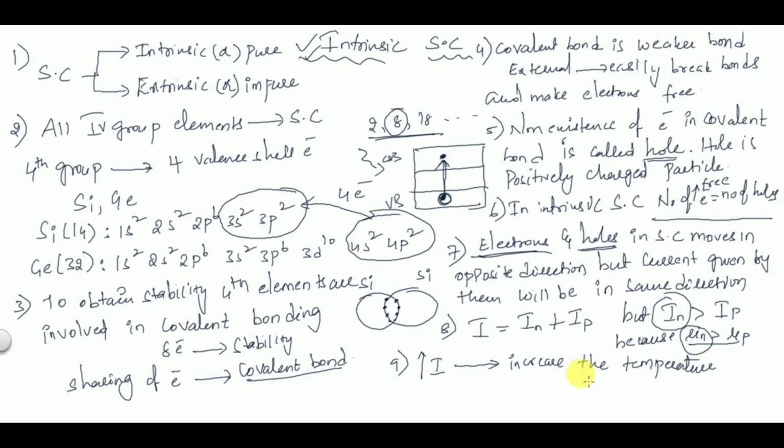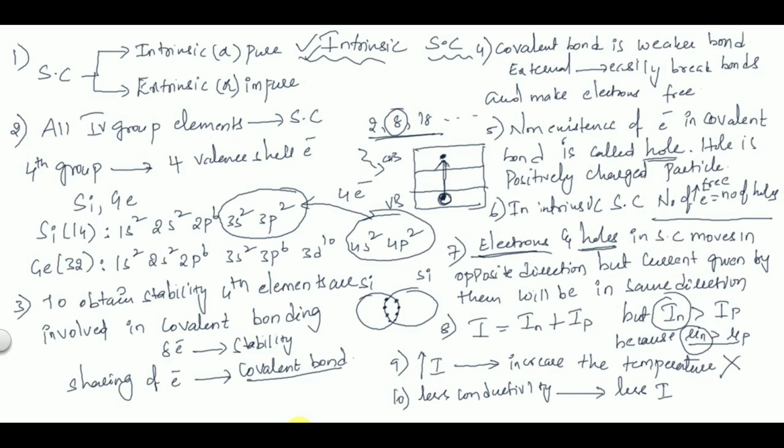Increasing the temperature is not always the best solution. Intrinsic semiconductors always have less conductivity, therefore less current flows in the semiconductor. All these are important points regarding intrinsic semiconductor.